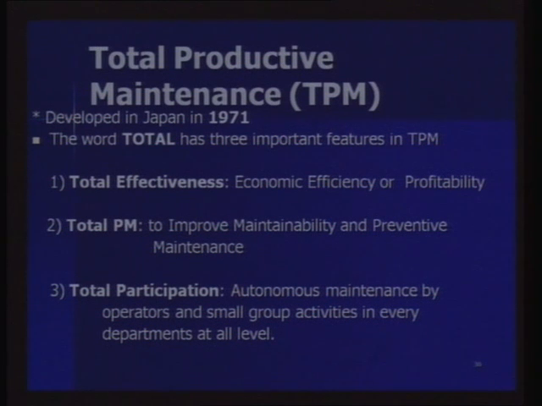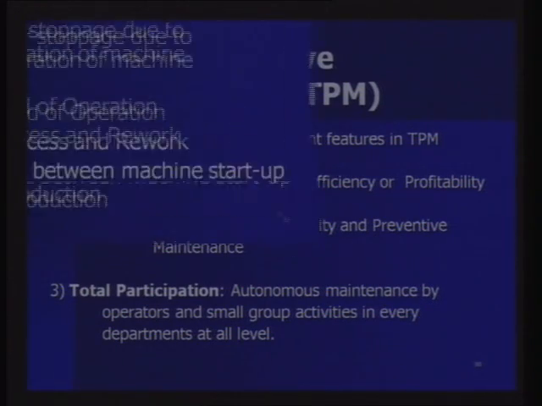Third, total participation: autonomous maintenance by operators and small group activities in every department at all levels. That means with total participation, we want to activate the maintenance activity in such a way that it ultimately gives better economic efficiency and profitability for the organization.